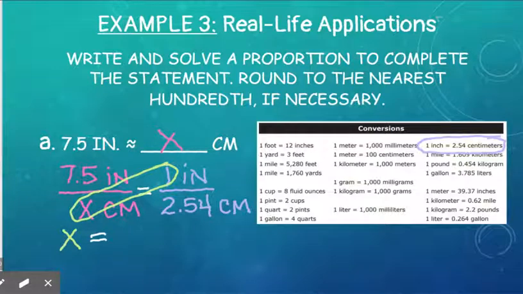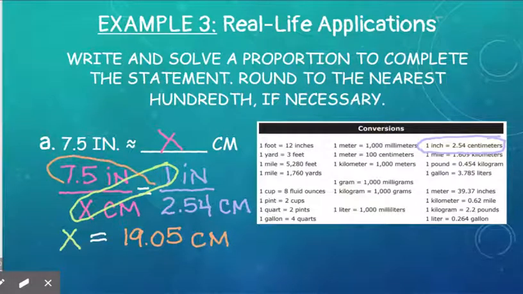And when I do that, I get 19.05. That was from taking 7.5 times 2.54. So this means that up here, instead of x, my answer is 19.05 centimeters.